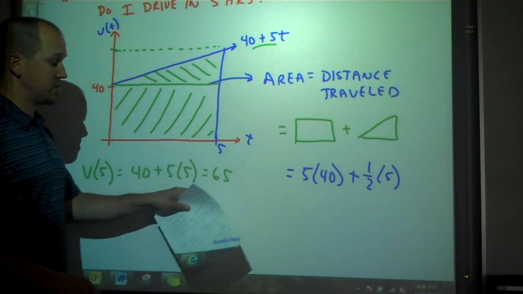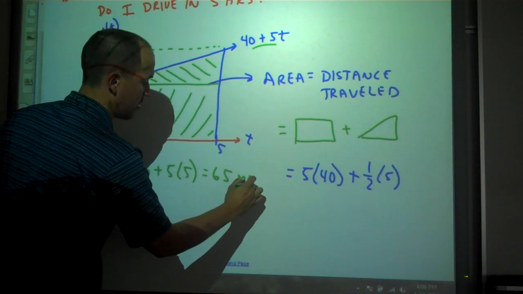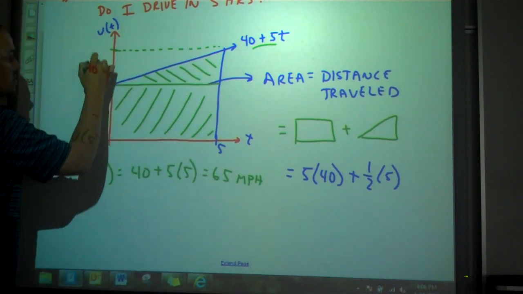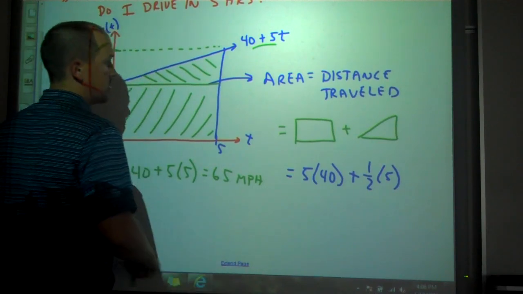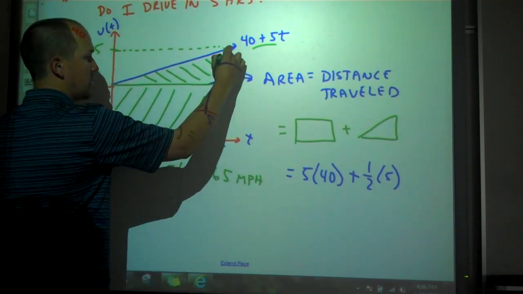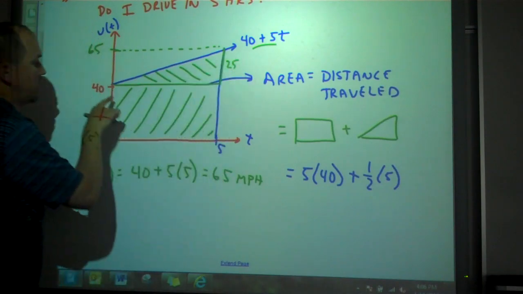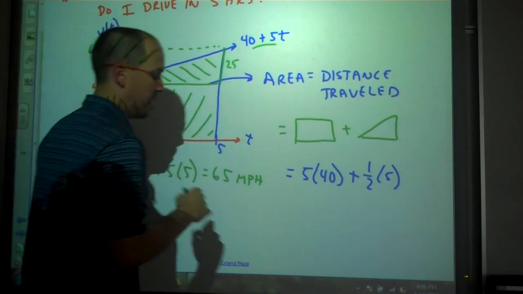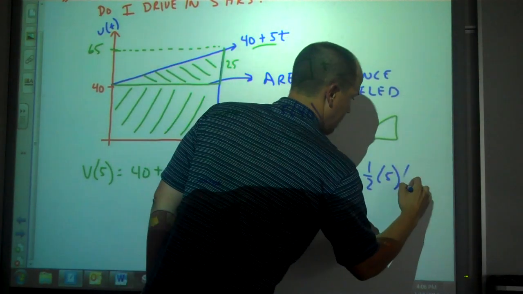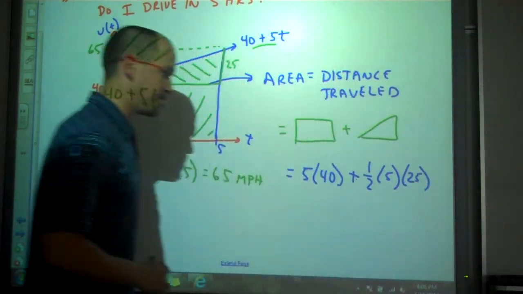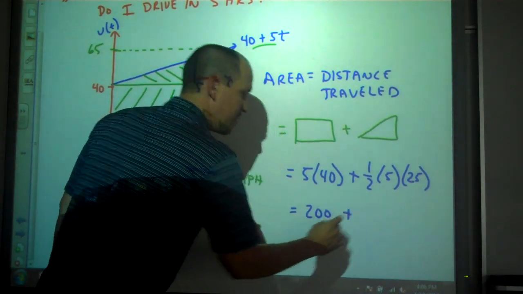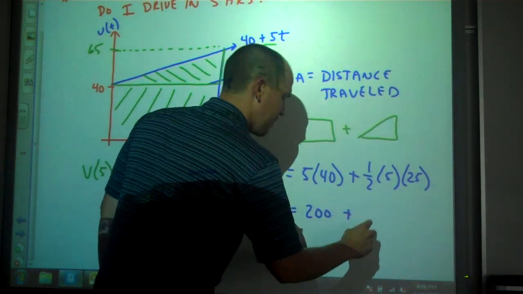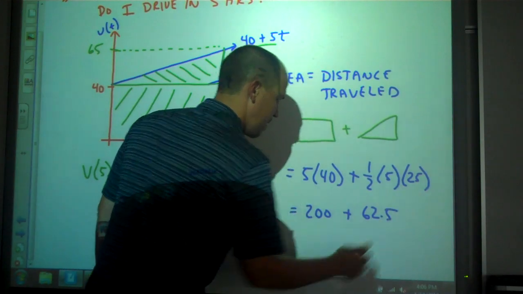So actually I end up going 65 miles an hour after 5 hours, which kind of makes sense. And so my question is, what's this distance here? Well, that's just going to be 25, the distance from 40 to 65. Alright, so this is 200. This is 125. Half of that is 62.5, I believe.